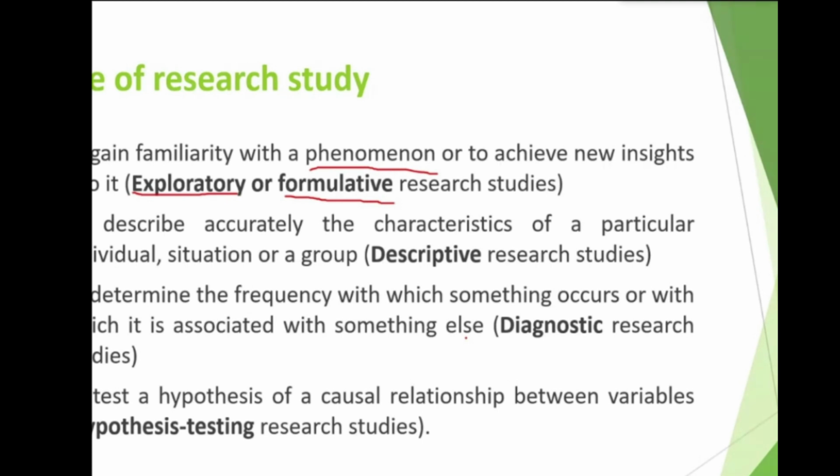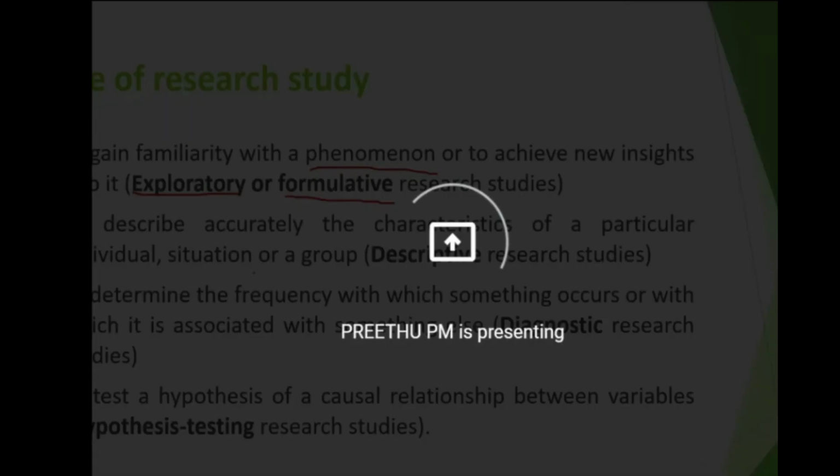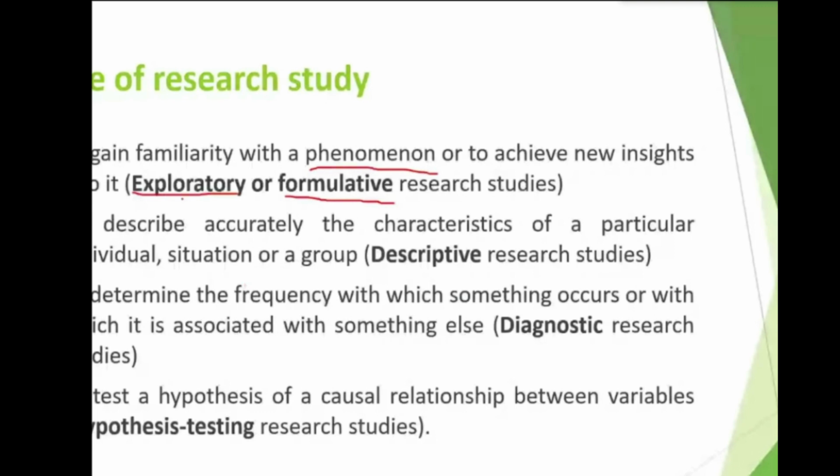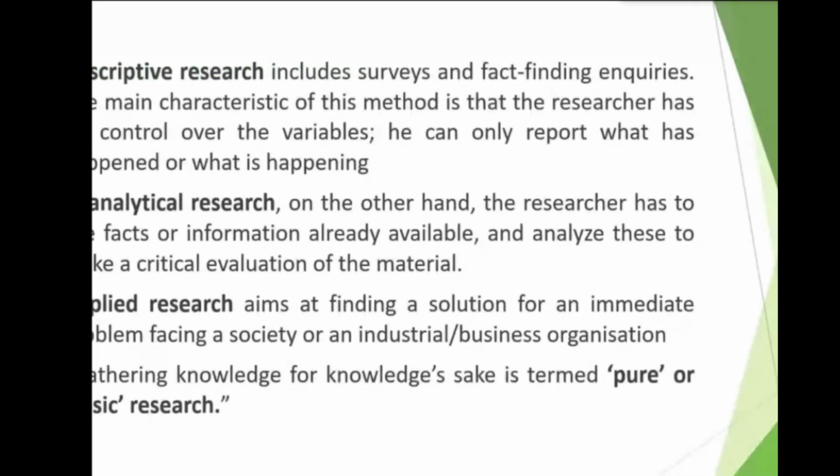That's what you call hypothesis testing research studies, wherein you have ahead of time a relationship that you are assuming exists, and then you are doing the experiments. So these are the classifications of the way that people do research, and these are some research methodologies.